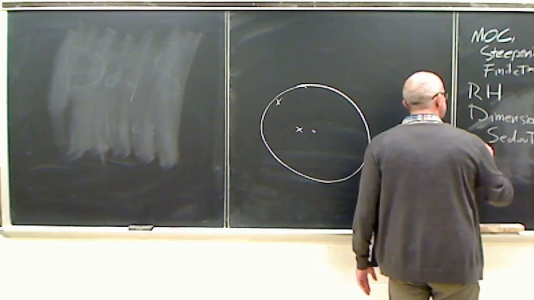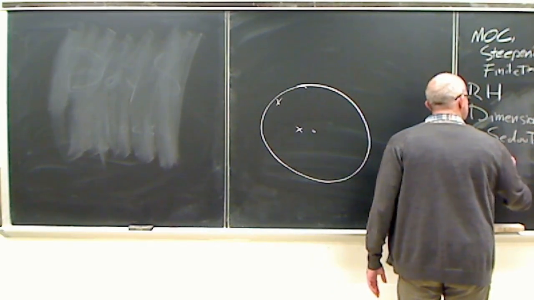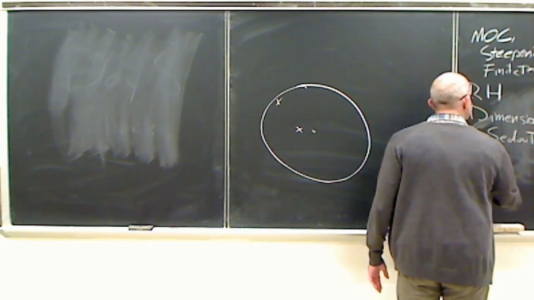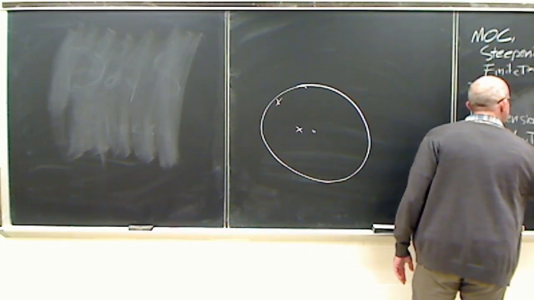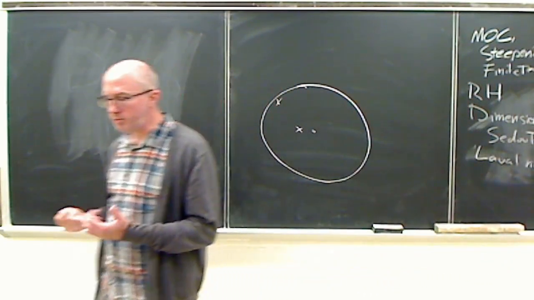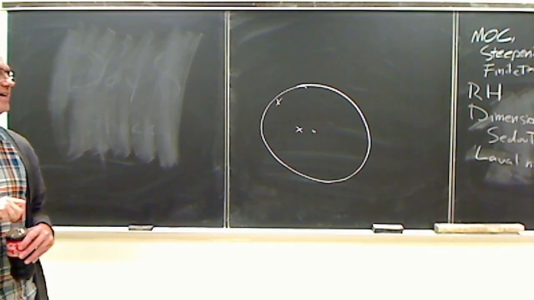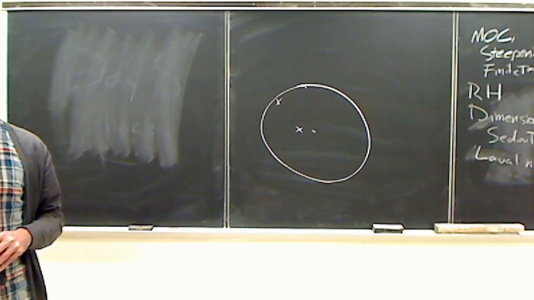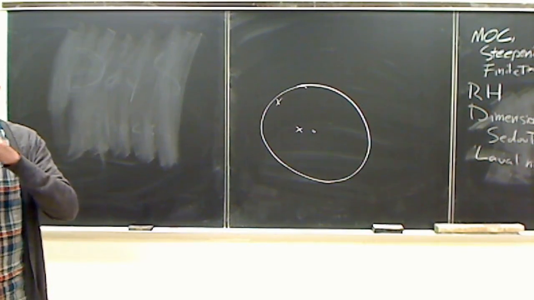And then if there's still time, I'll talk about Laval, which is how you make a supersonic flow in the first place in the lab. The Laval nozzle is really fun because it's a really simple device, but it is really counterintuitive.